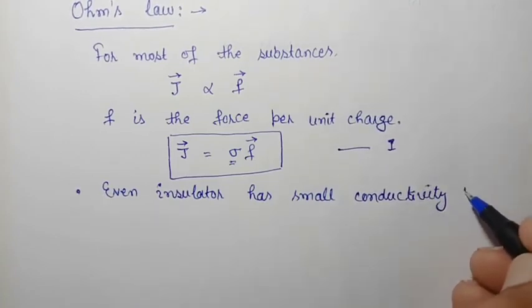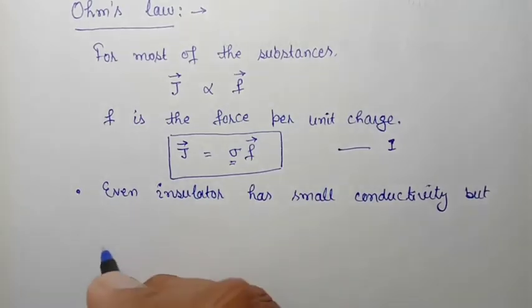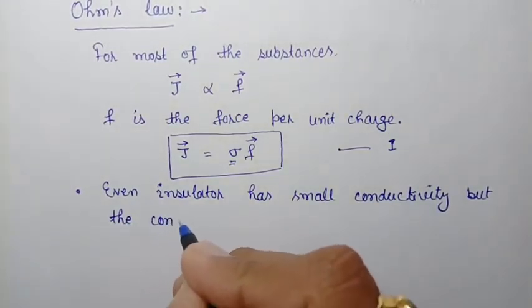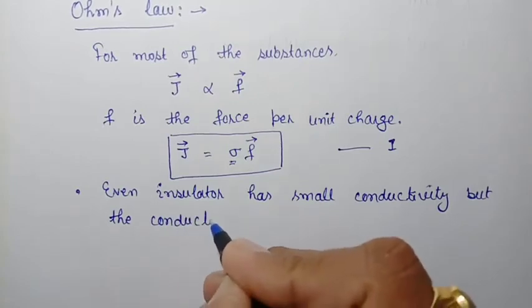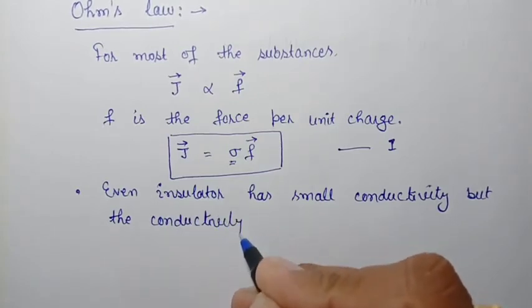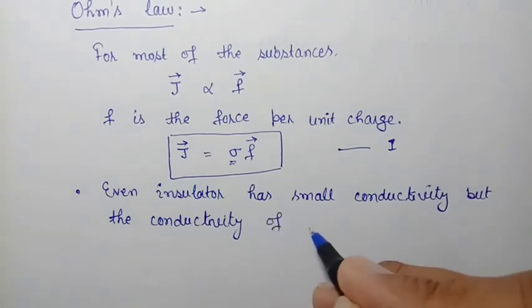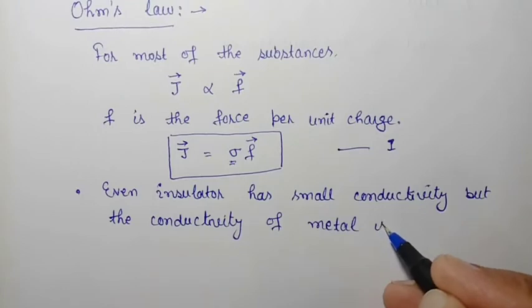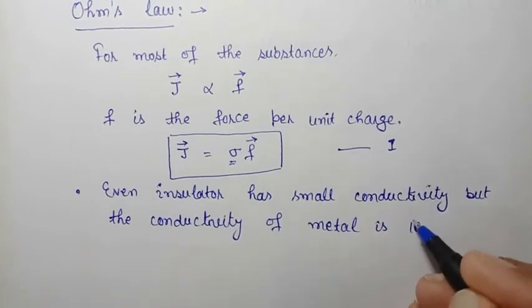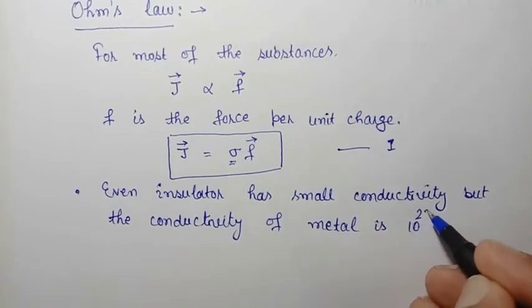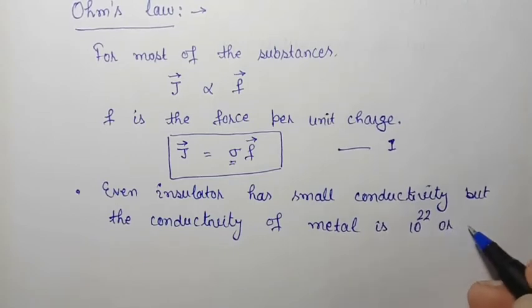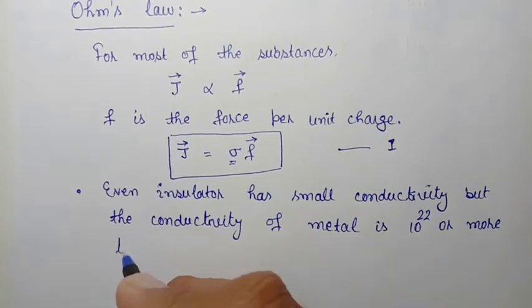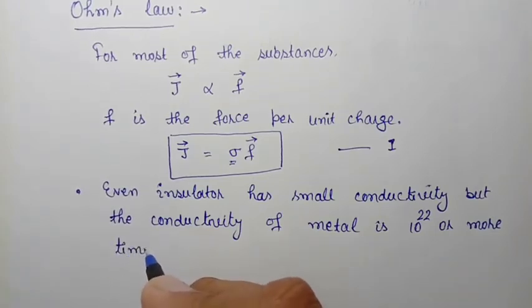but the conductivity of metal is 10 raised to power 22 or more times than the insulator.